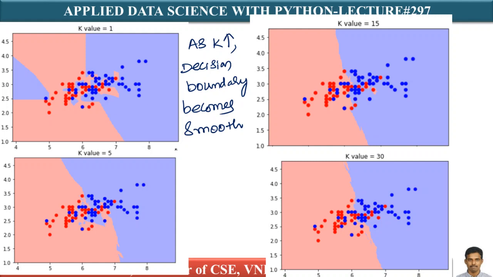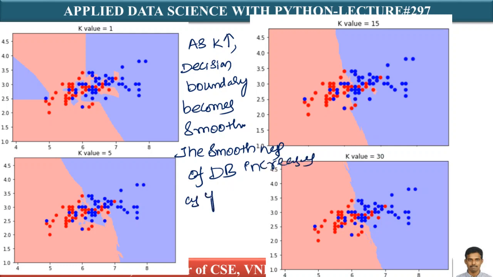The smoothness of the decision boundary, let me write DB, decision boundary, increases, as you can expect.